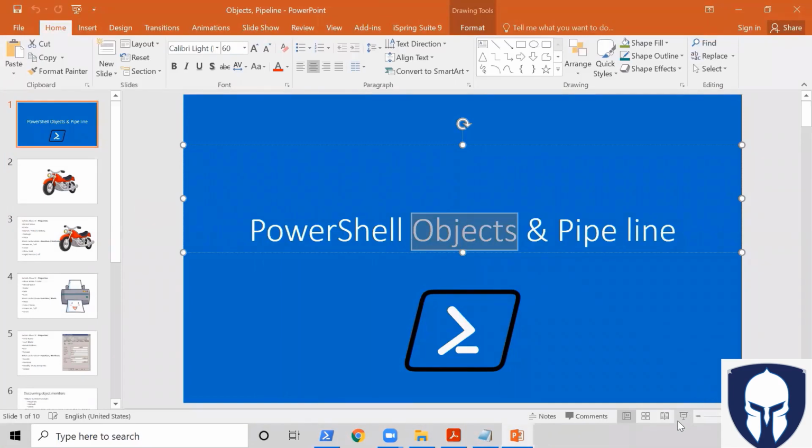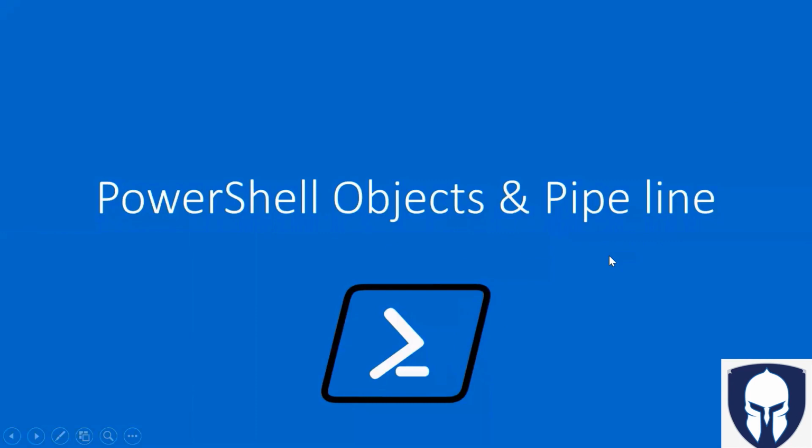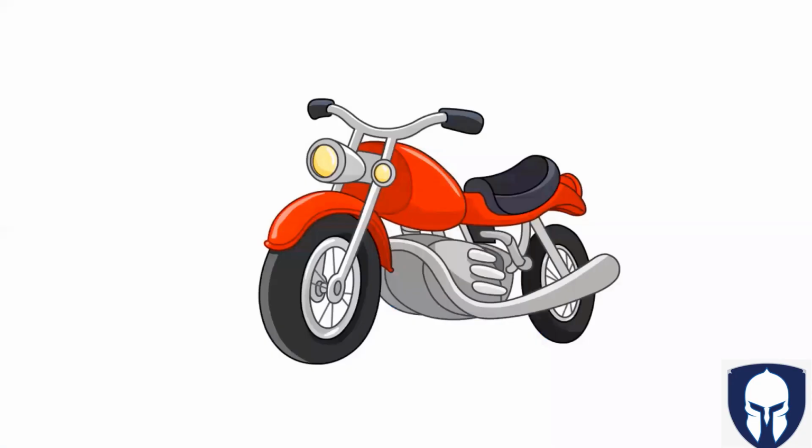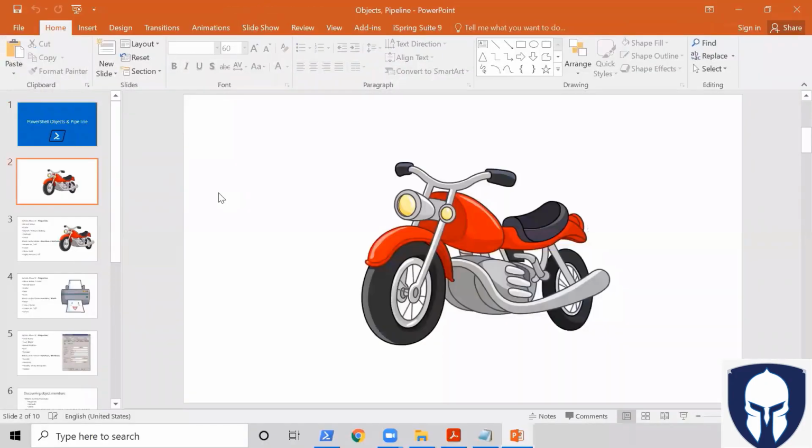Before we go to the PowerShell objects, we will see about this one, a motorbike or a cycle. Let's say you wanted to explain to a 3-year-old girl how a motorcycle looks and what it does.